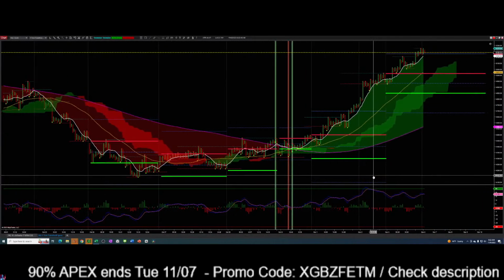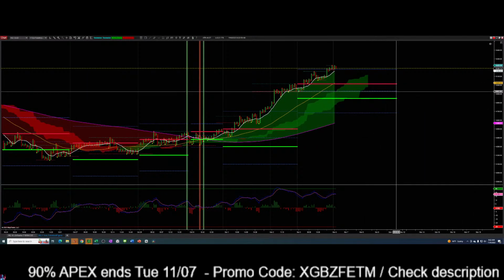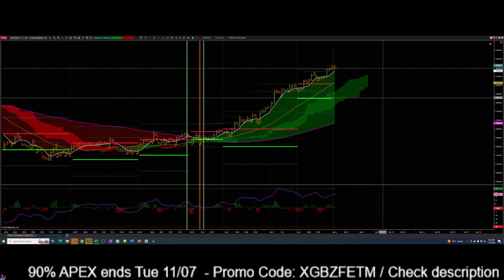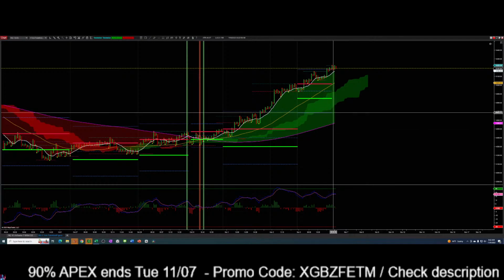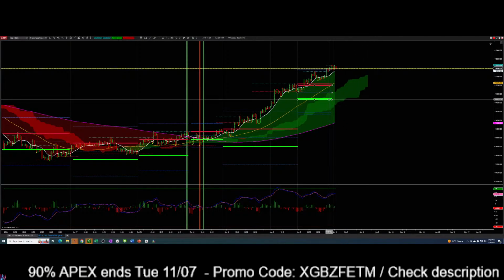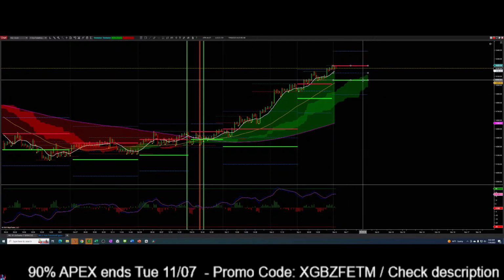Okay, and then here is NQ. Let's move this one out of the way here. And let's look for the levels. Put the range there. Upper side.